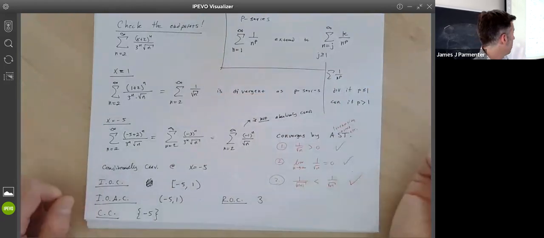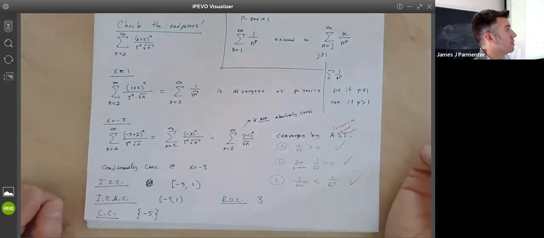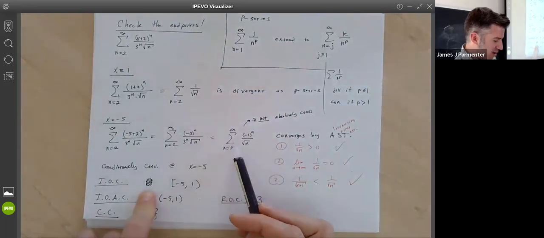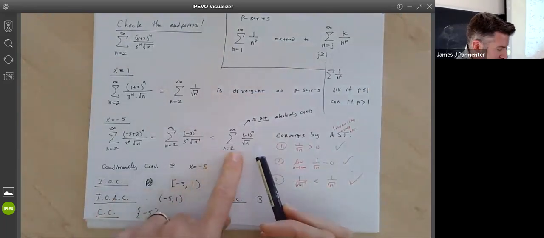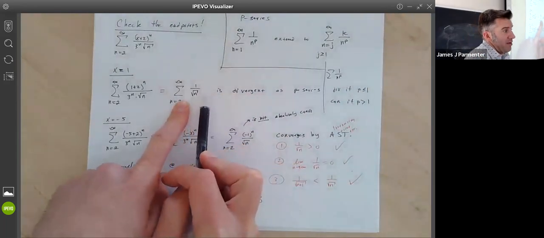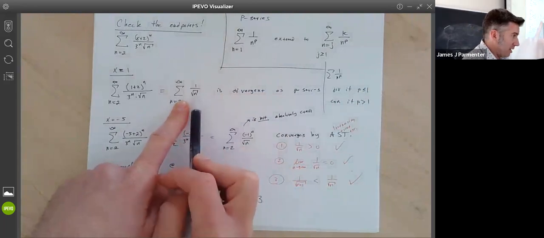So we need to take the absolute value, like after one of the steps. Right. Now, the thing is, I didn't because I already did the work for it. I was doing this and I was like, oh, I've already seen what the absolute value of that looks like right there. So I don't need to go through the steps of writing out the fact that I know it doesn't absolutely converge, because I can see that from what I did right there.